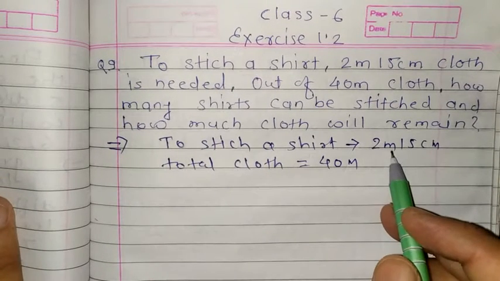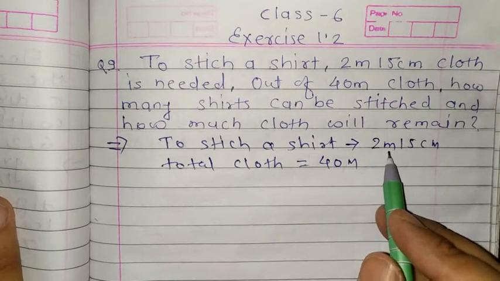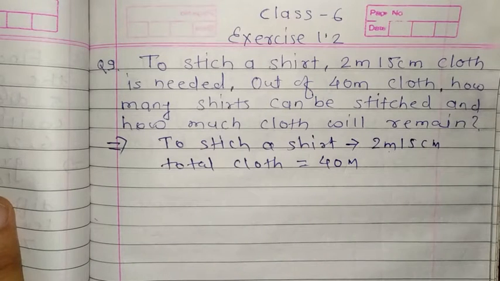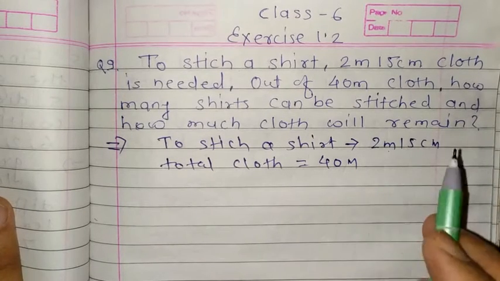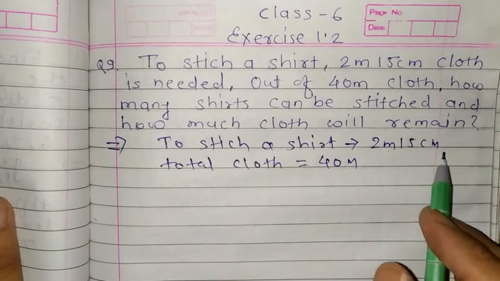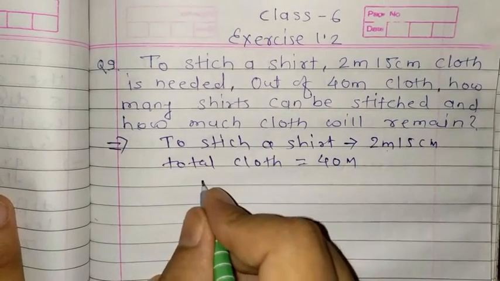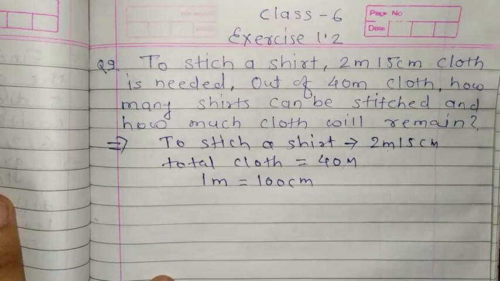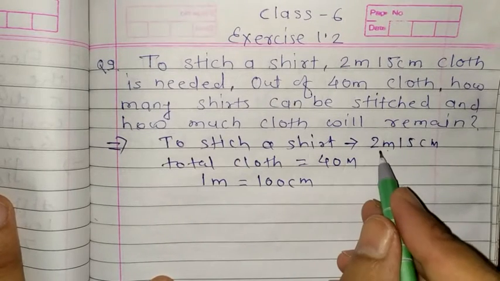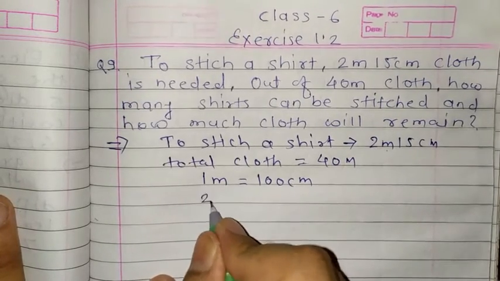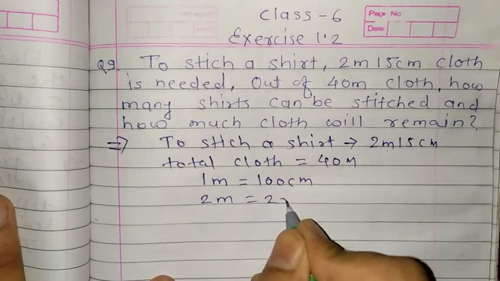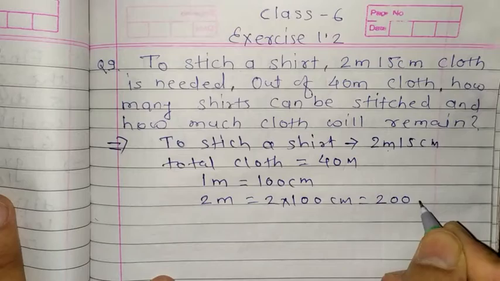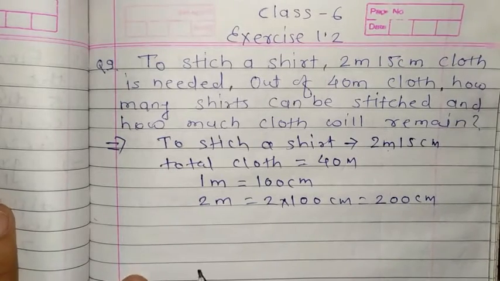So here in the first information both units are there, meter and centimeter, so either you convert into centimeter or meter. The conversion to centimeter is quite easy because 1 meter equals 100 centimeter. They have given 2 meter, so 2 into 100 centimeter is 200 centimeter.